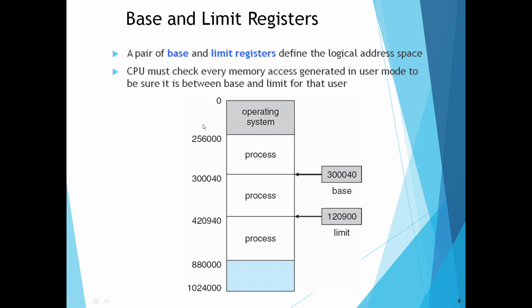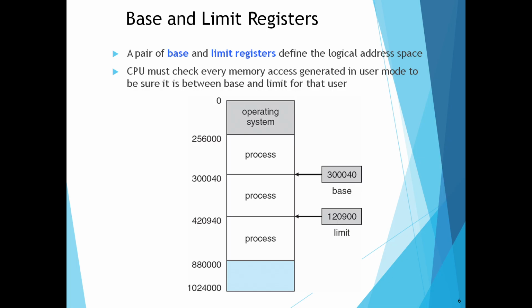For example, assume that here I have three processes: this is process 1, this is process 2, and this is process 3. For every process we have a base register. Base means the starting address of that particular process. Limit means the size, that will be the limit.